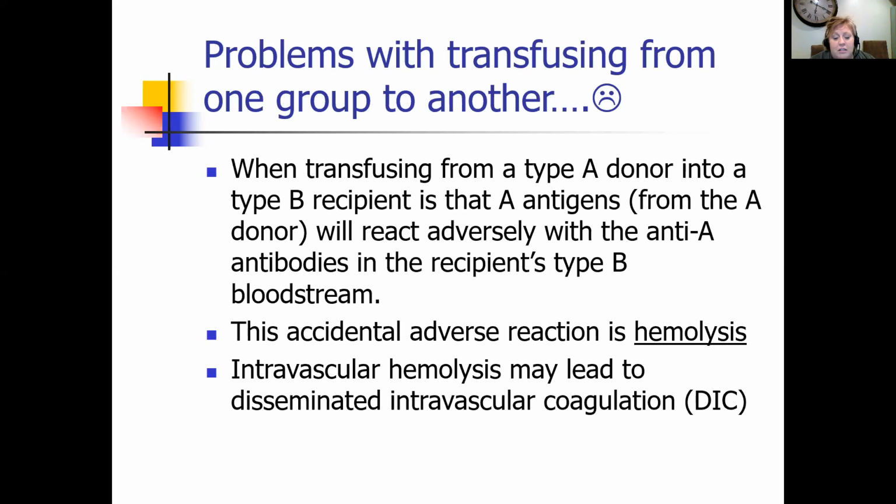So the blood clots and stops, and that will lead to death. If caught really quickly, we can stop the transfusion and reverse those effects.